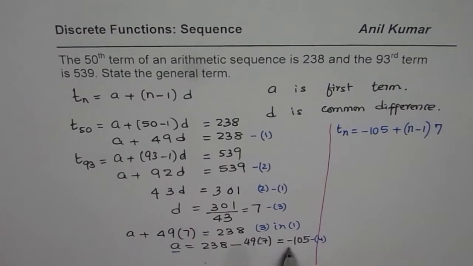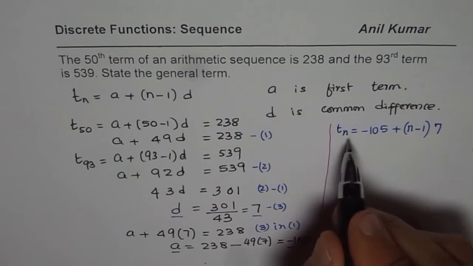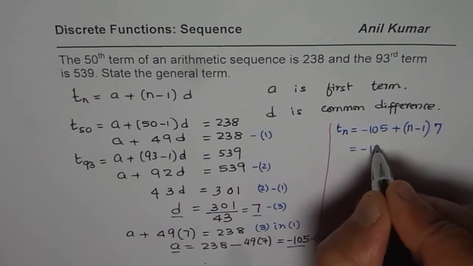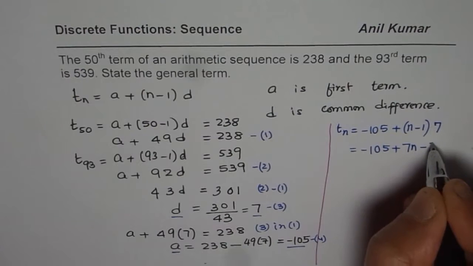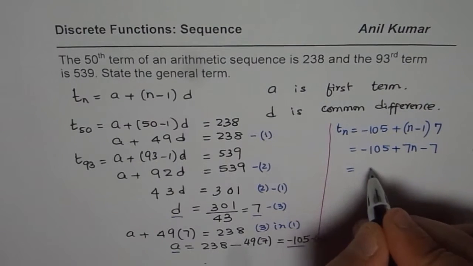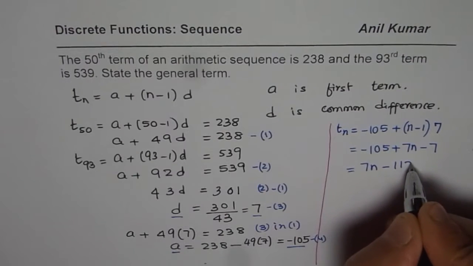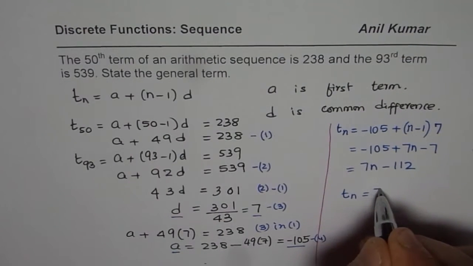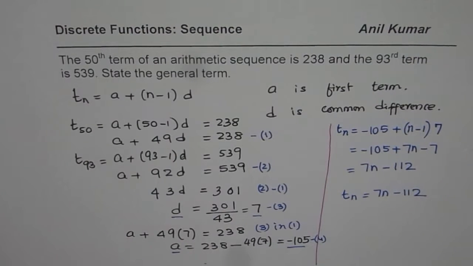So we substitute these and then simplify. We can write this as minus 105 plus 7n minus 7, right? Which we can write as 7n minus 112. So Tn general term is 7n minus 112. So that becomes our answer.